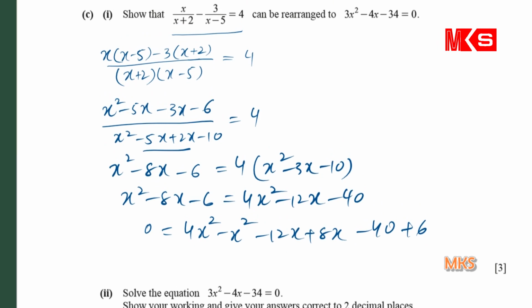Now I will simplify this. That will become 3x squared minus 4x minus 34 is equal to 0. Same thing. If 0 is equal to this, then that will be equal to 0. Hence, we have shown, hence shown.